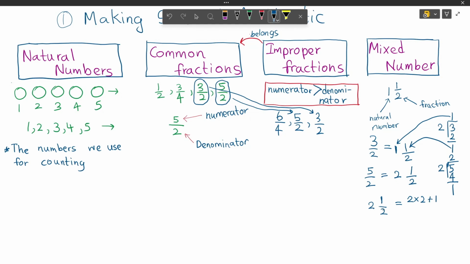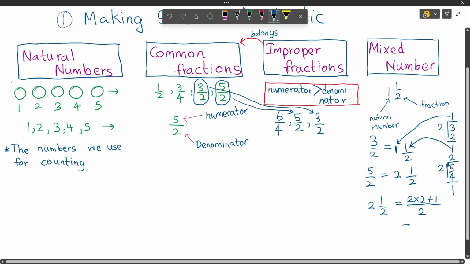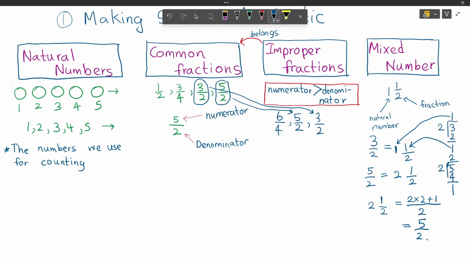The bottom part we get in the bottom also. Now we have 2 times 2 is 4, plus 1, 5. Then we have 5 over 2. That's how we convert improper fractions into mixed numbers and mixed numbers into improper fractions.